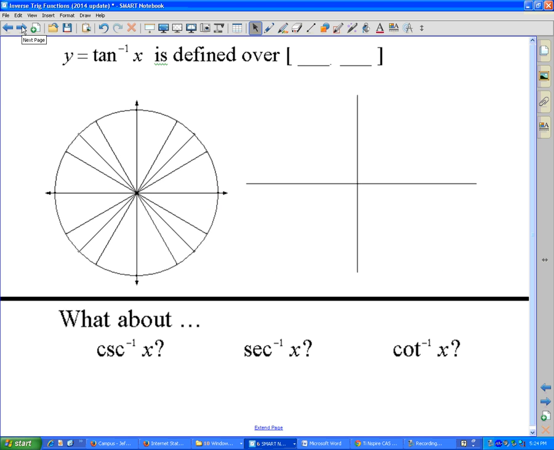Tangent. How do you define tangent? And what about inverse cosecant, inverse secant, inverse cotangent? What about the remaining 4 inverse trig functions? The cosecant and secant are probably the ones that are the easiest to discuss, because the inverse cosecant is just 1 over inverse sine, isn't it?